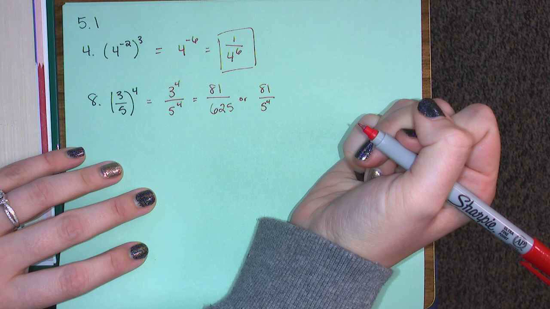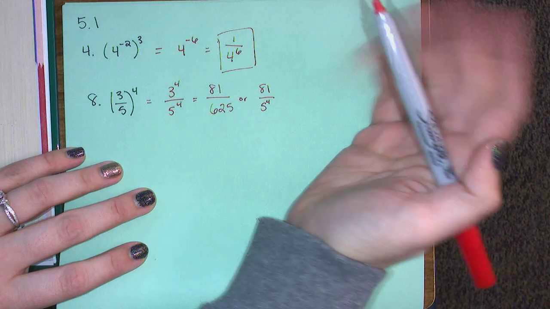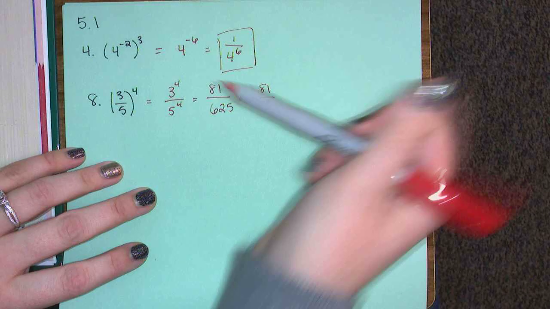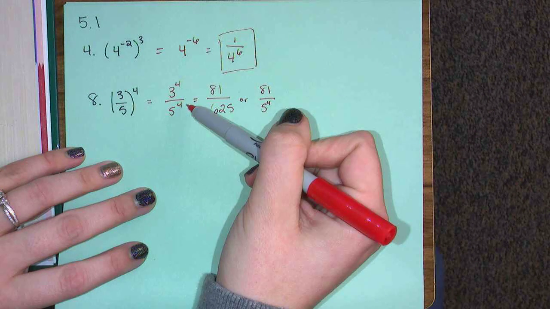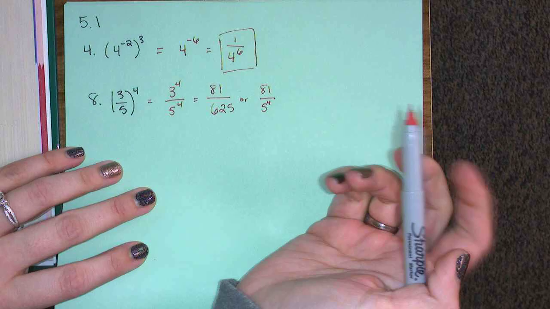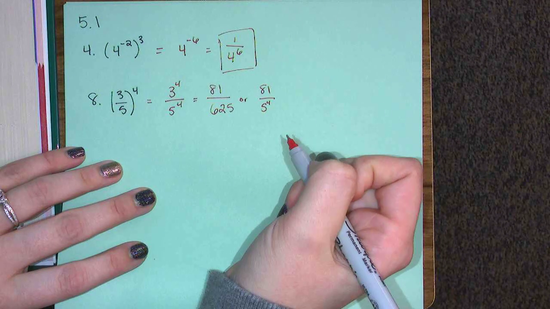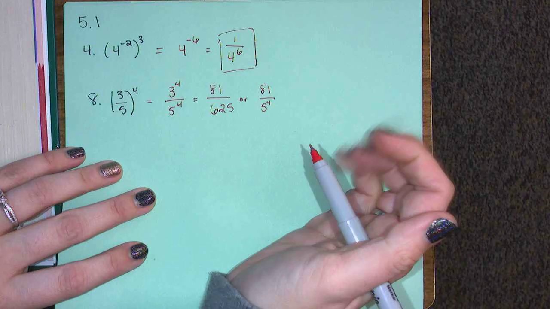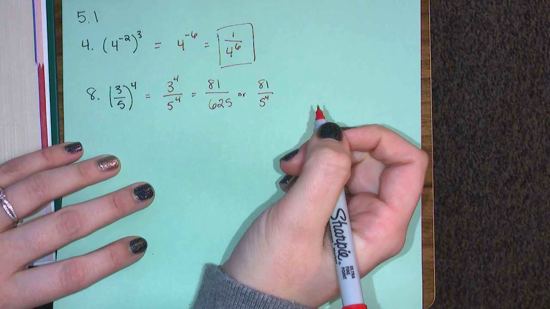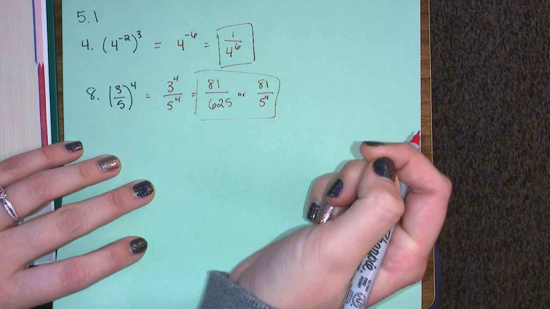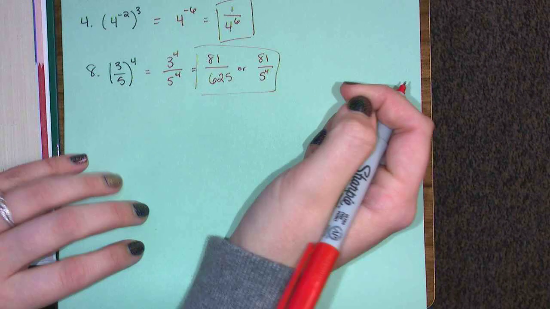I'll try to be lenient. Let's just say that you had written 81 over 525. If you have this step, at least I can see, okay, you just multiplied it wrong, and that's fine. Now, if you did 5 squared wrong, different story. But something like 5 to the 4th, that's really big, so either of these would be sufficient.